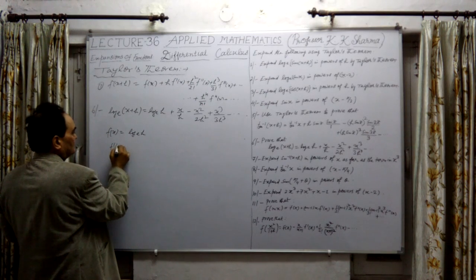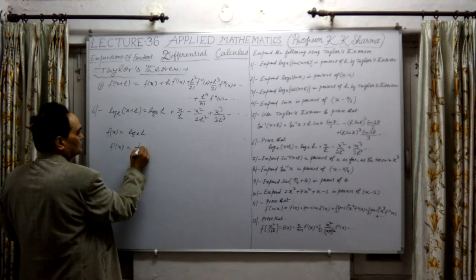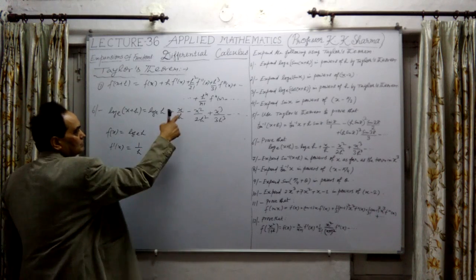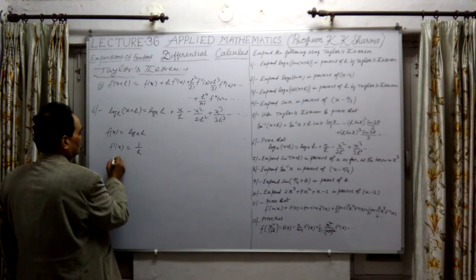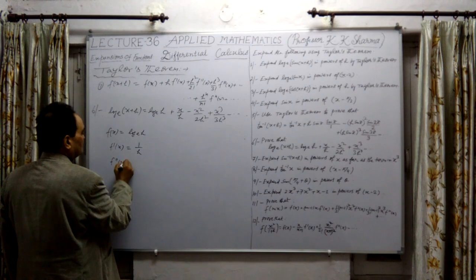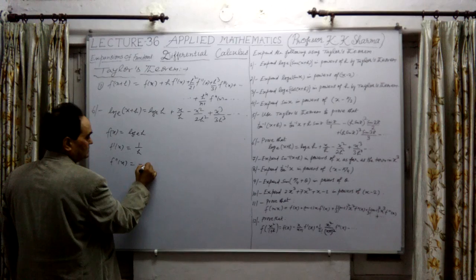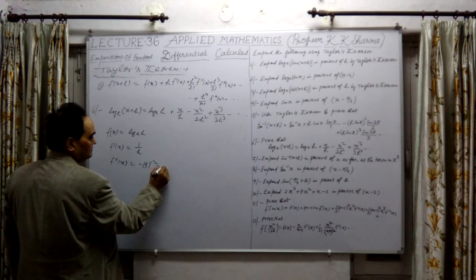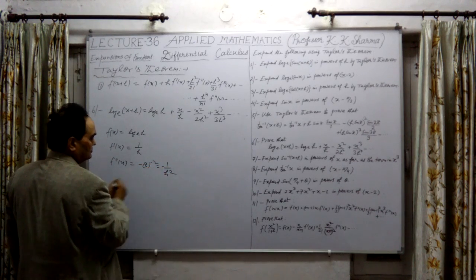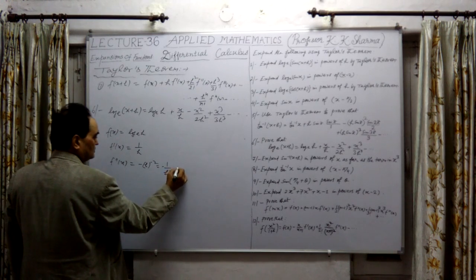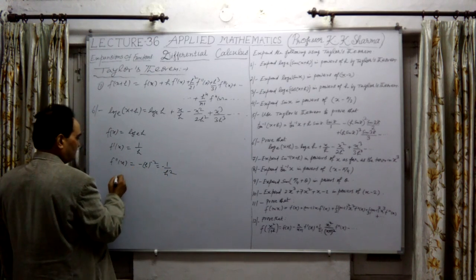What is f dash x? That will be 1 upon h. And what is f double dash x? That means h to the power minus 2, that is minus 1 upon h square. This is to be differentiated.